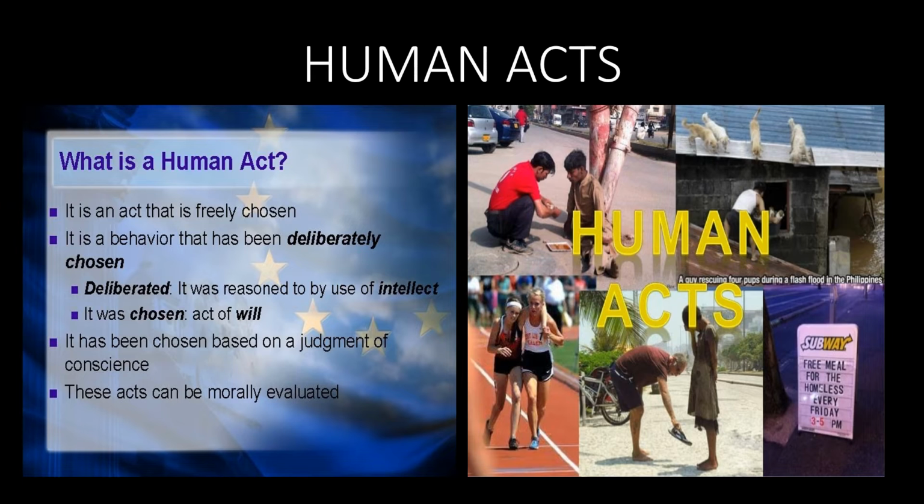Then we will have that choice. Then we will make a choice. Then that is the act of will. Okay? If we say deliberated, it has been chosen based on a judgment of conscience. These acts can be morally evaluated. So this is human acts.